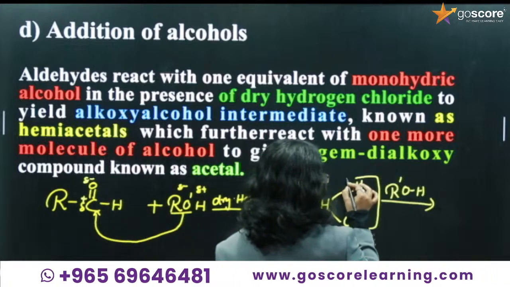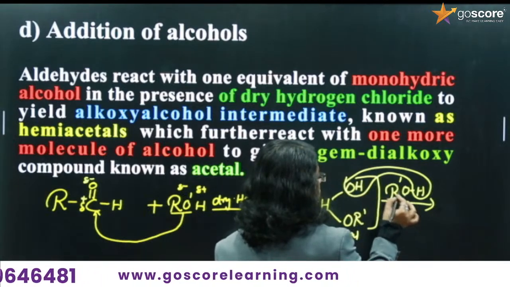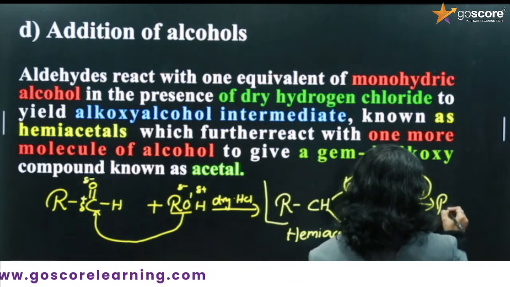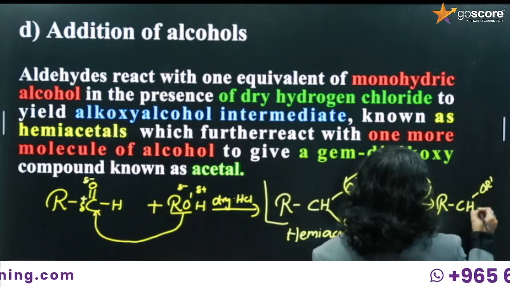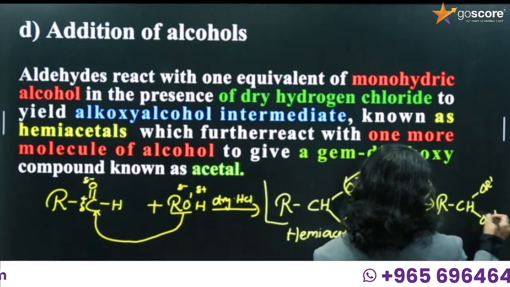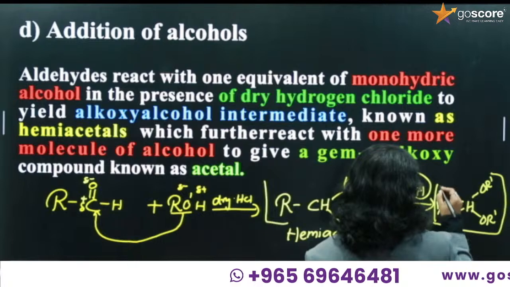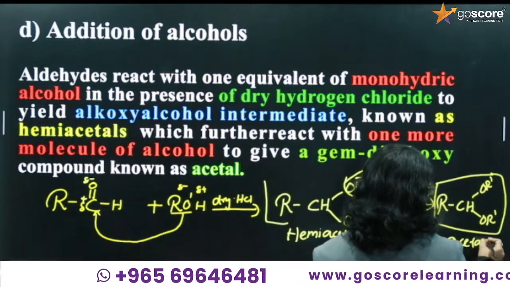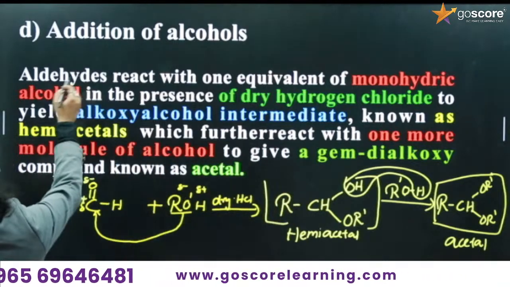So here this OH and this H will be eliminated and this OR' will be attached. That is RCH(OR')(OR'). So what is this? This group is called acetal.